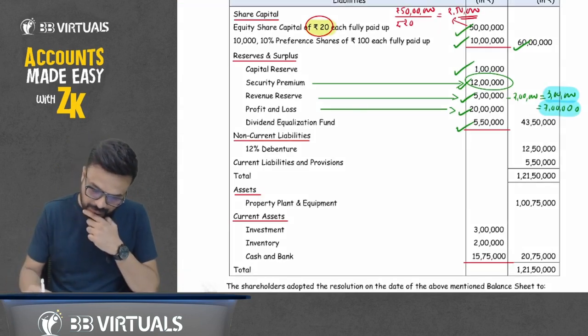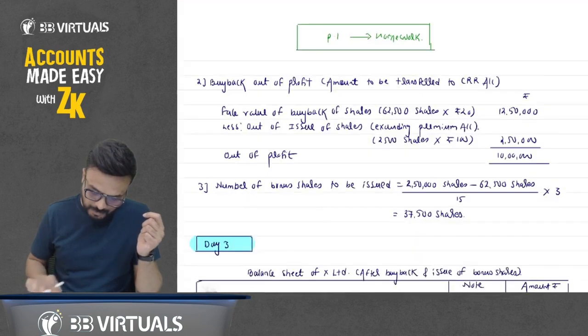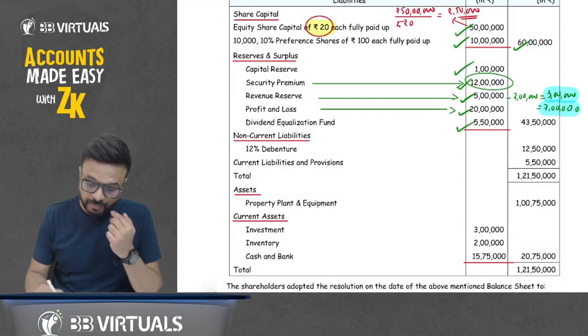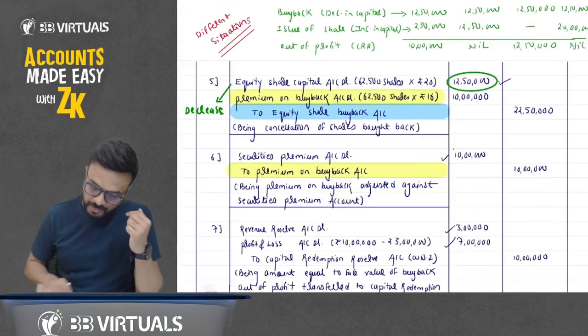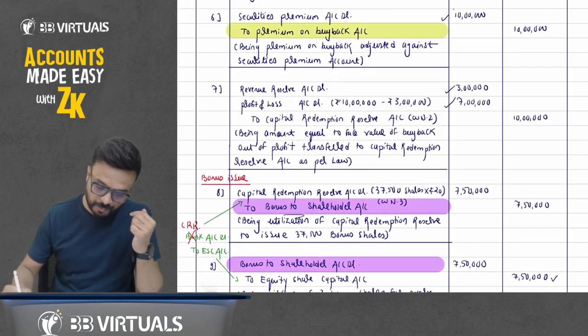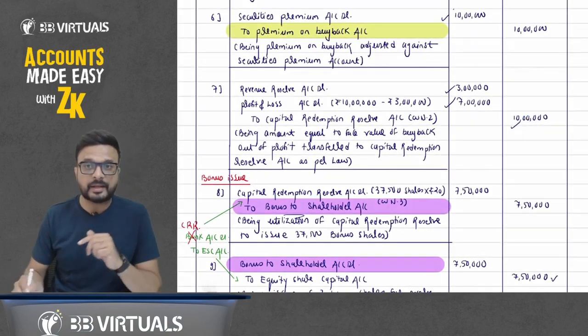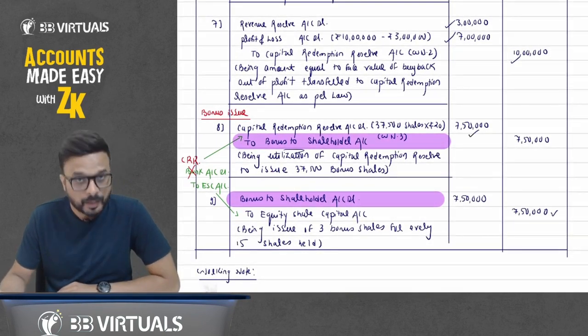That is capital redemption reserve, which will come, because here you can see capital redemption reserve is not given in the balance sheet. But when we passed journal entries, you can see we created a CRR account of rupees 10 lakh, and from these 10 lakh we utilized 7 lakh 50,000 at the time of issue of bonus share.